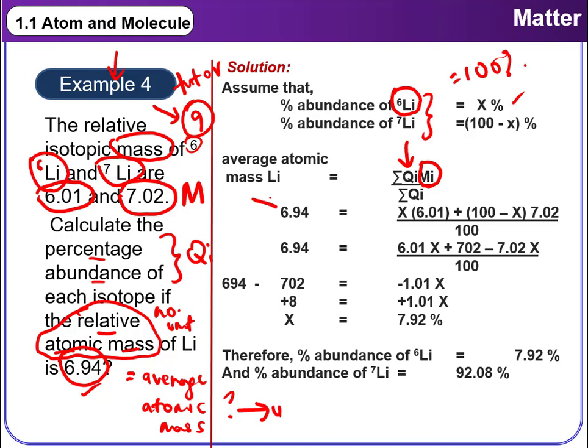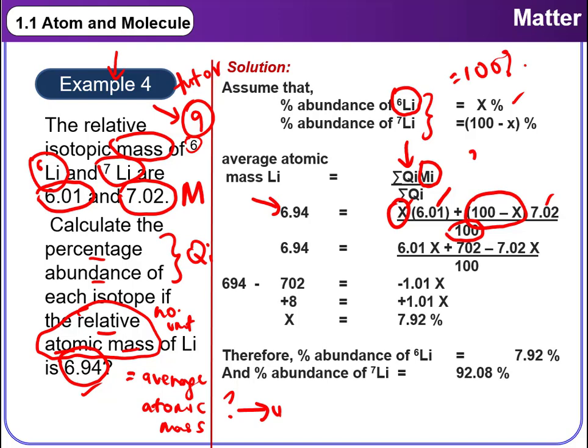You insert it here. Then you write it in terms of X. M is given in the question: the mass of each isotope, 6.01 and 7.02. And this X is the abundance that we want to find in terms of X. Where does the 100 come from? The total of Q.